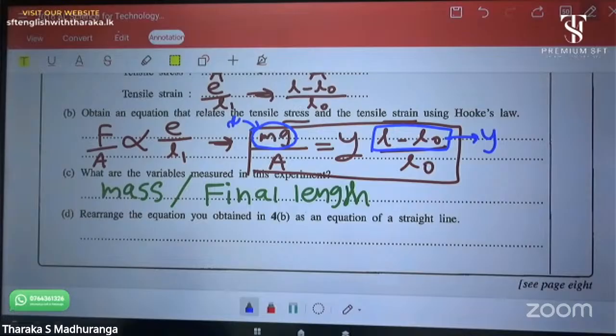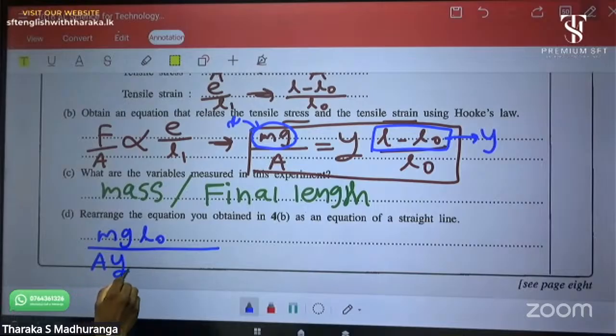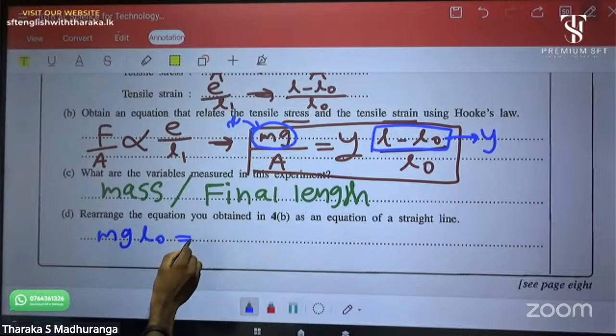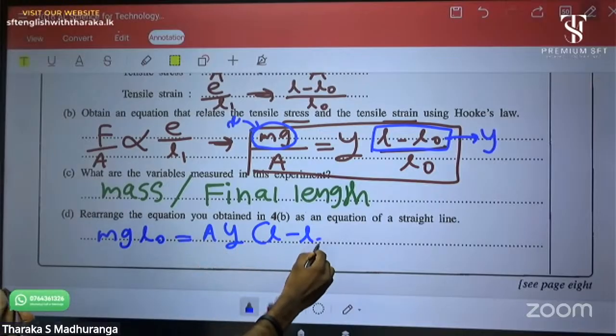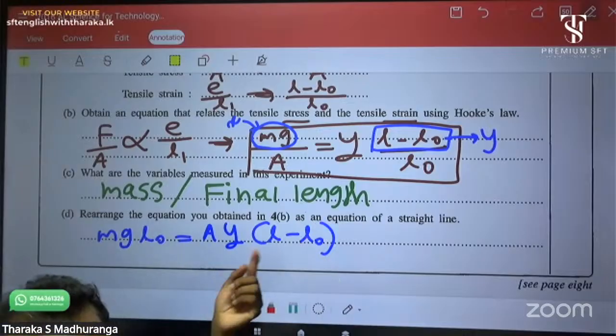Okay, I'm going to cross multiply. First, cross multiplying: mg L naught equals A times Young's modulus times L minus L naught. What is our target? To isolate L minus L naught.